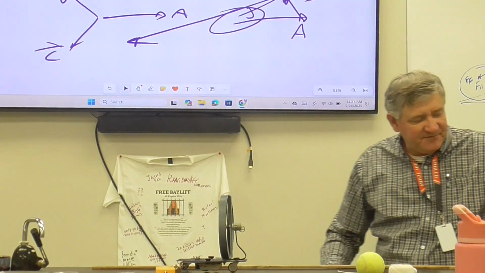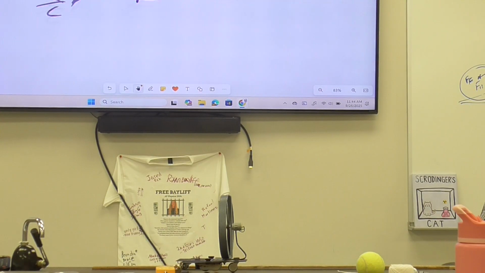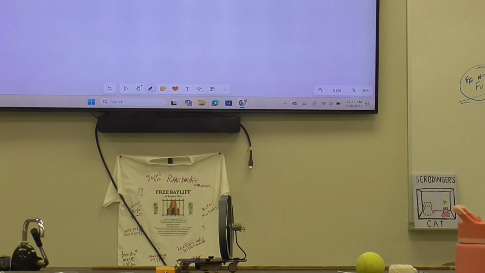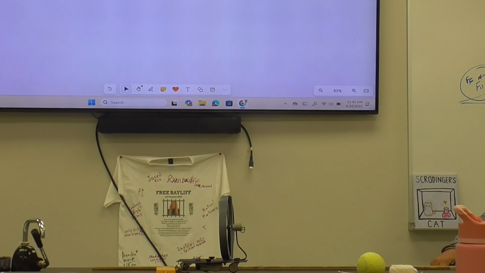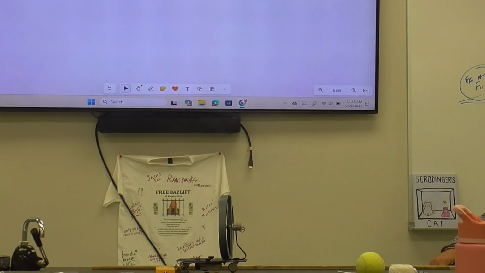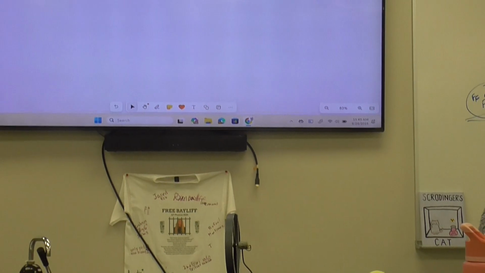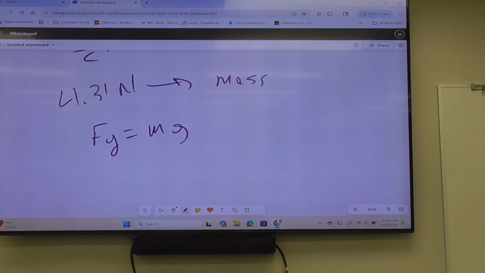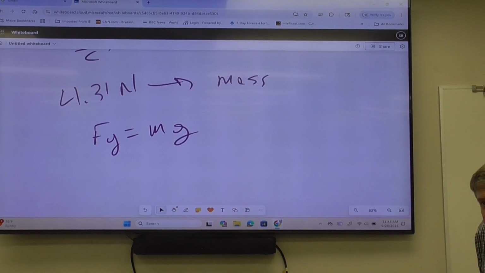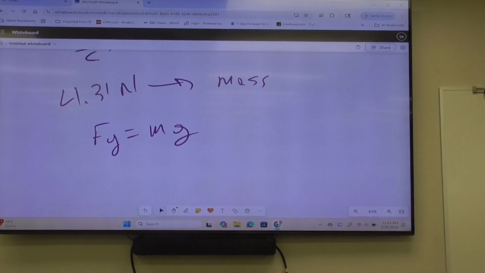So how can I take the fact that it weighs 4.31 newtons and roll that into mass? Yes, Ms. Vogel. Divide by 9.8. Well, what does Fg equal? mg, right?